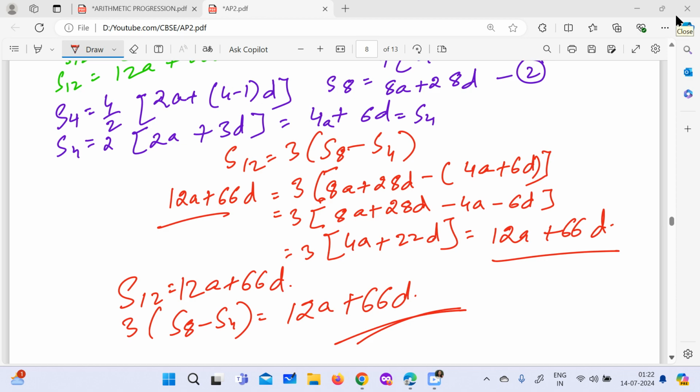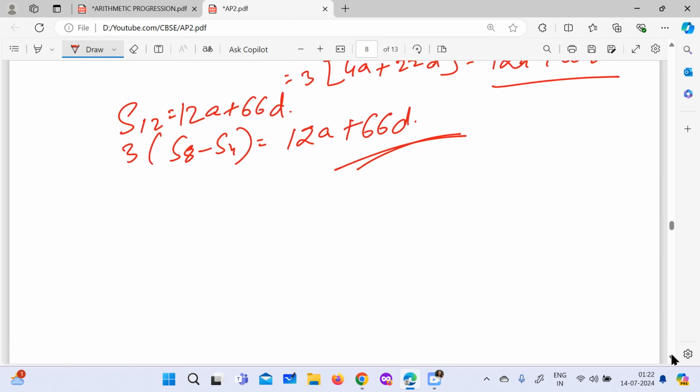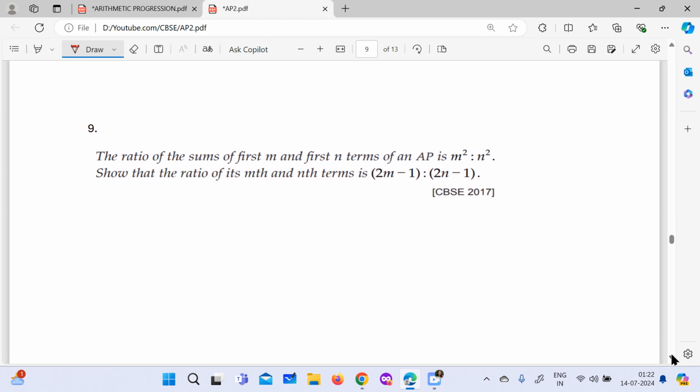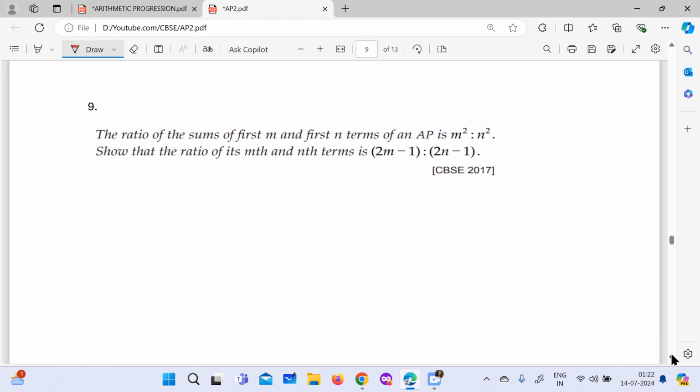Now we can work on the next question. Your next question is: the ratio of the sum of first m terms and first n terms of an AP is m square is to n square.